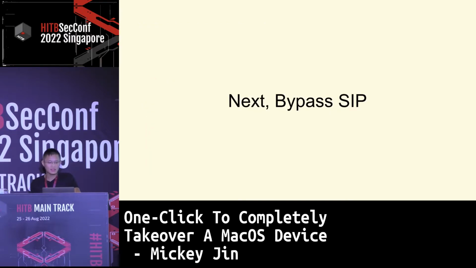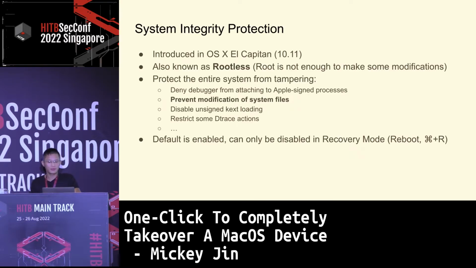Next step is to bypass the system integrity protection. System integrity protection is a security feature introduced in OS X El Capitan. It is also known as rootless. This means that even if you have root privilege, it is not enough to make some modifications. It protects the entire system from tampering from multiple perspectives.